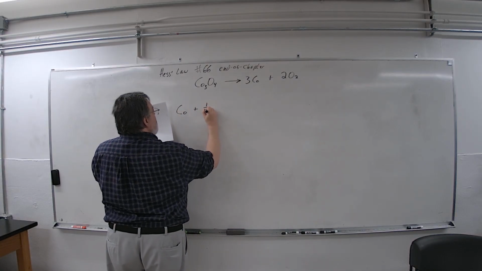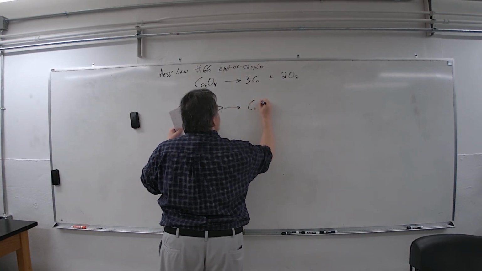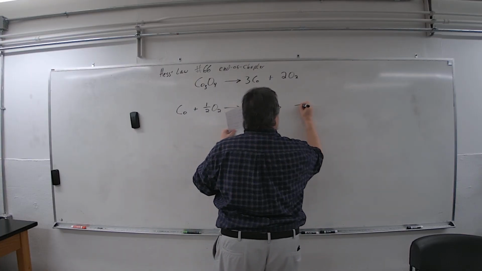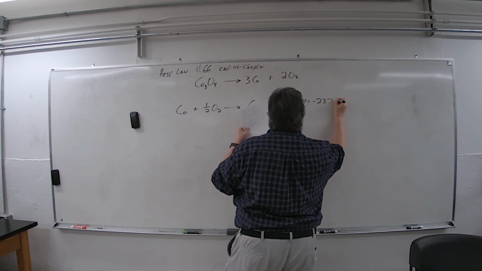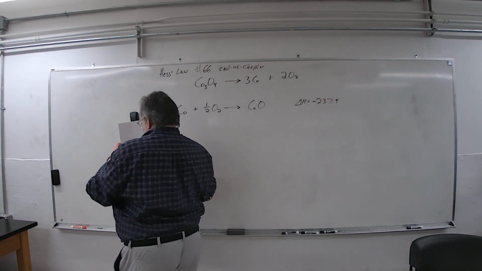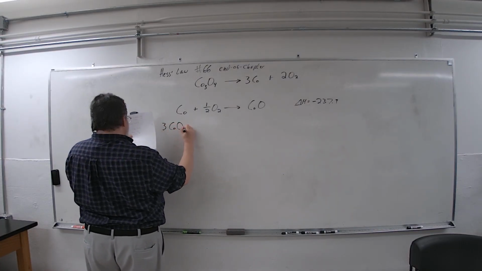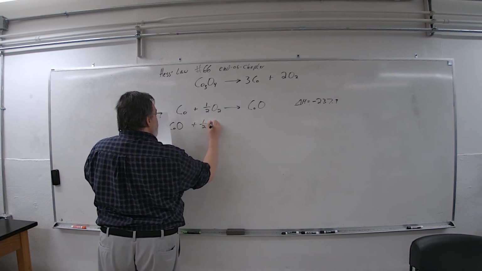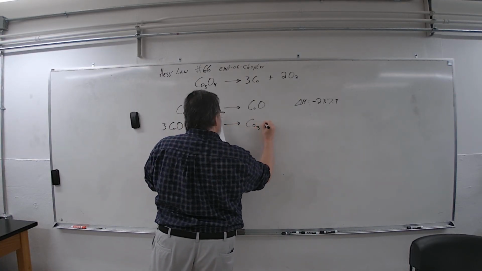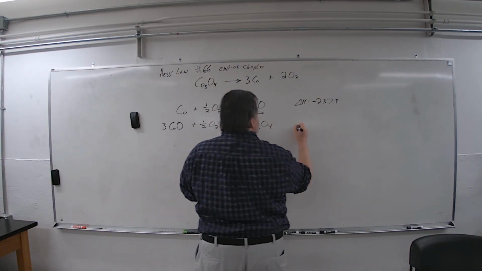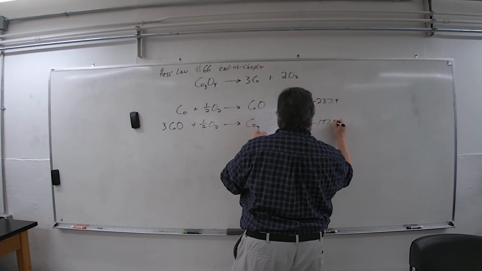CO plus 1/2 O2 gives CO2, and this one's delta H. And you're also given 3CO plus 1/2 O2 gives Co3O4, and this is delta H negative 177.5.